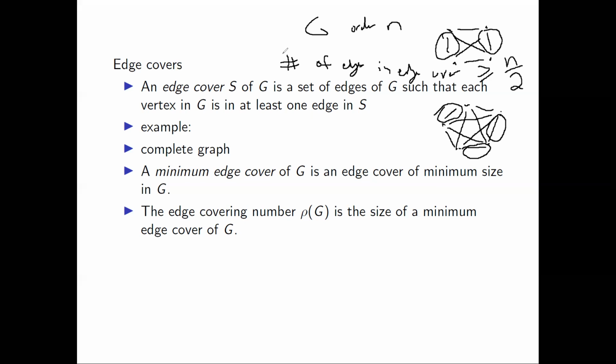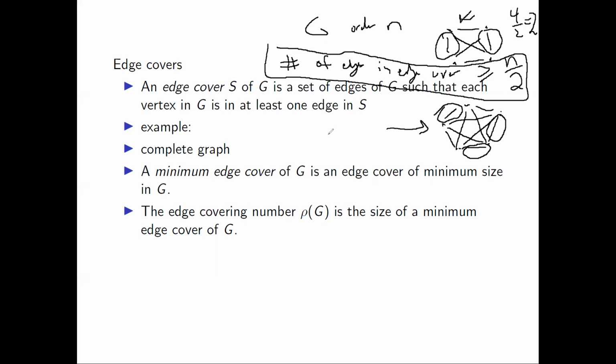So the number of edges in an edge cover of a graph of order n must be at least n over 2. And we can see that in the examples here. So we got an edge cover of size 4 over 2 here equals 2. So the bound is attained for that example.